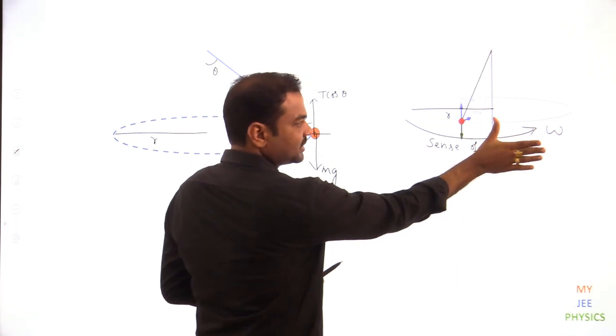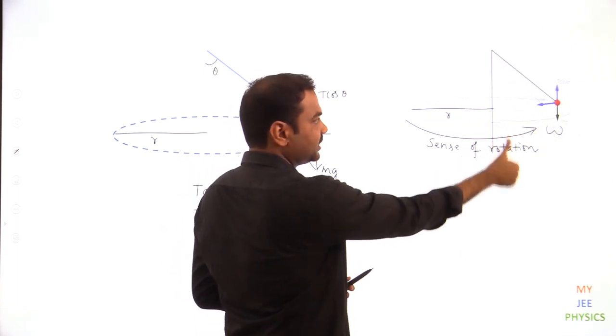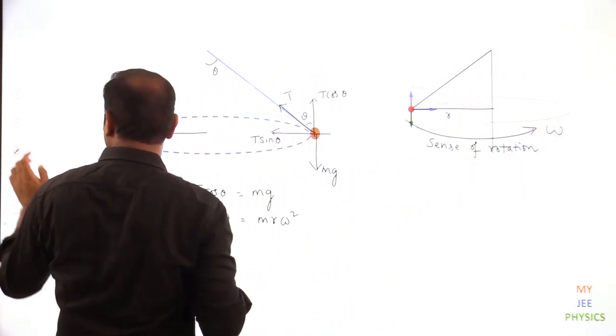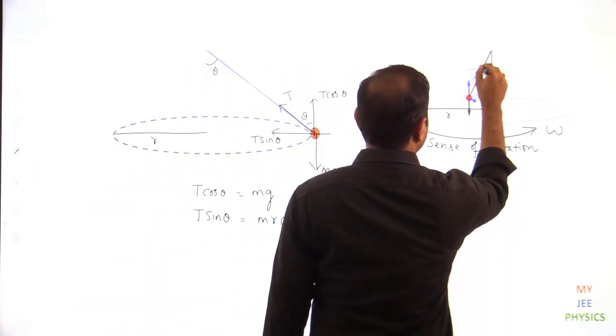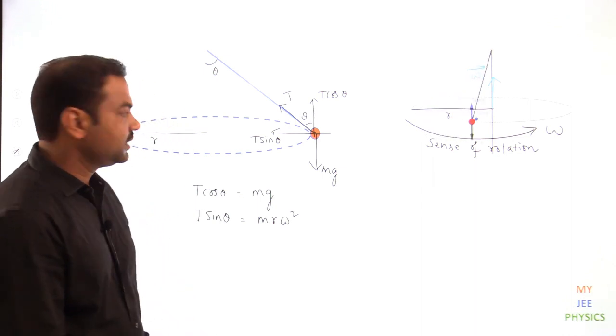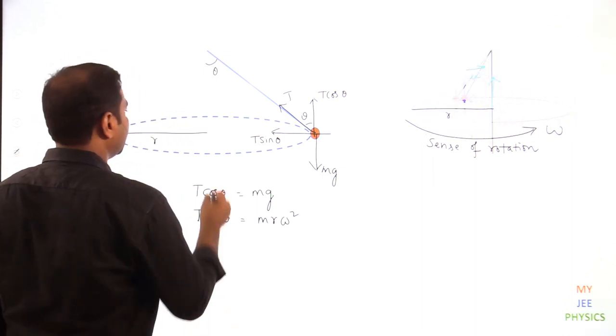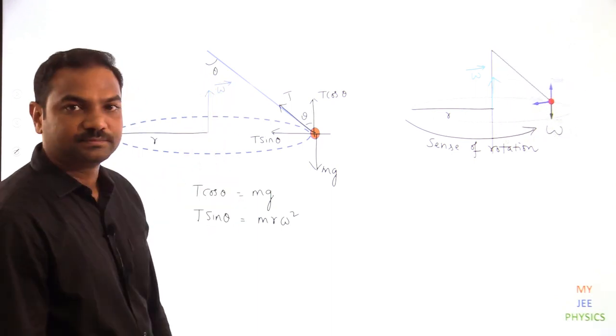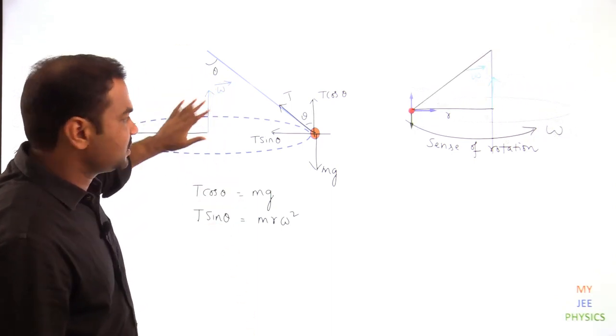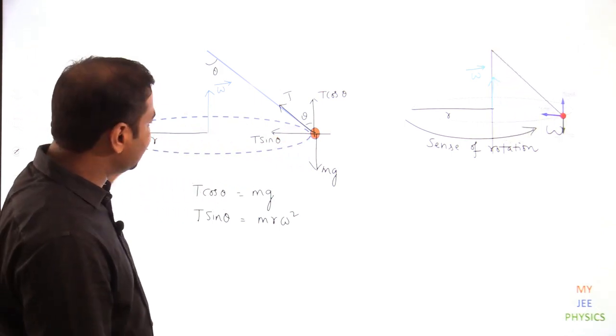If you curl your fingers along the sense of rotation, the thumb will give the direction of angular velocity. So angular velocity I can draw over here, something in this way. This is the angular velocity vector, and it is rotating with constant angular velocity omega.